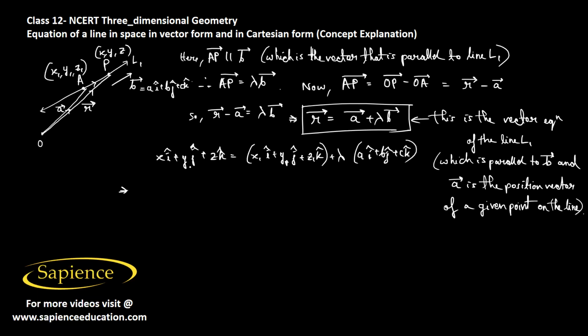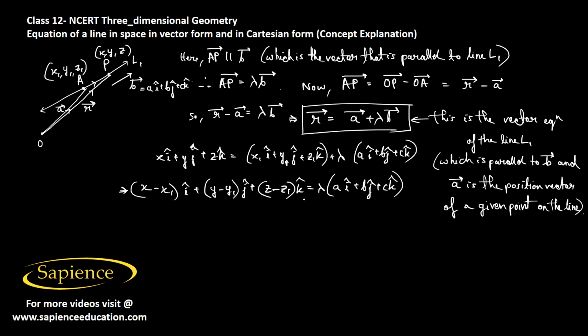So then this can be written as (x minus x1) i cap plus (y minus y1) j cap plus (z minus z1) k cap, equal to some lambda times (a i cap plus b j cap plus c k cap). So hence the Cartesian form.